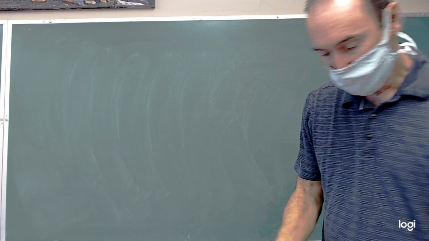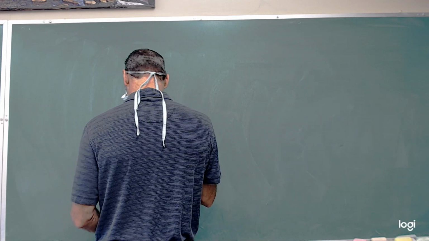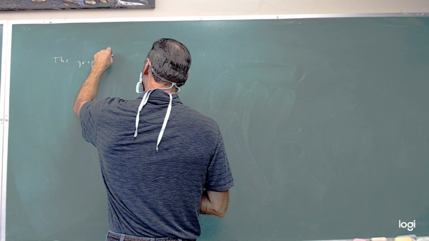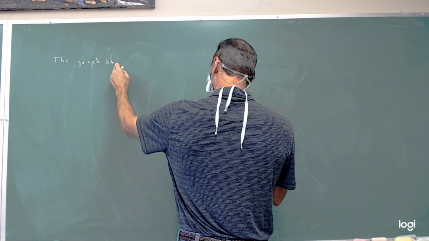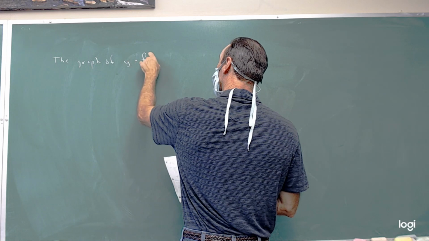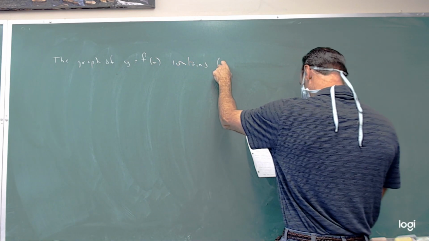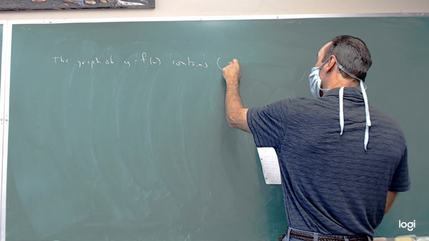So let's see, first, the graph of y equals f of x contains the point 2, -3.